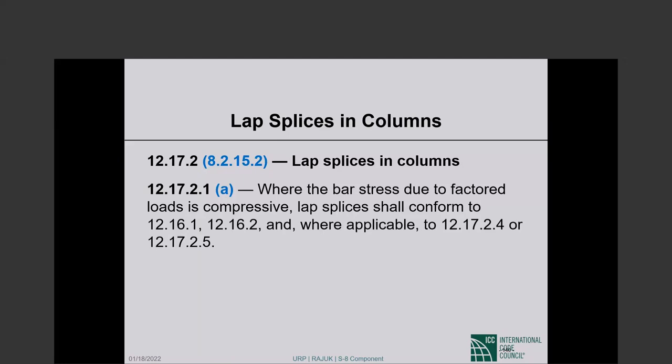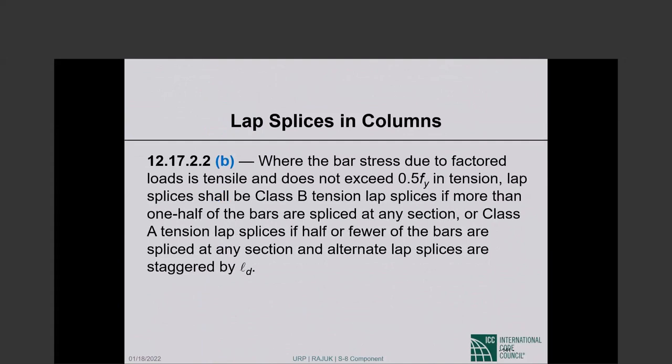So this has a number of requirements where the bar stress due to factored load, this is specifically lap splices in columns. So where the bar stress due to factored loads is compressive, lap splices shall conform to the section, anyway, the remainder is what is important.